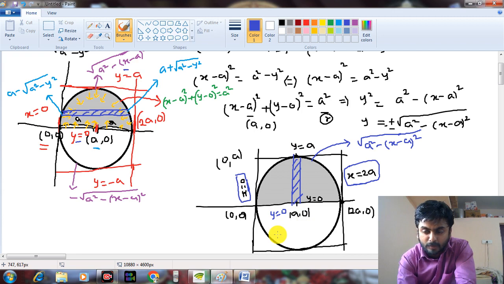So the limits of y should be in variables of x, so we are taking y equal to 0 to not y equal to a. It is root of a square minus x square, since it is an internal limit, it should be the variable of x. Okay, so we are taking like that.